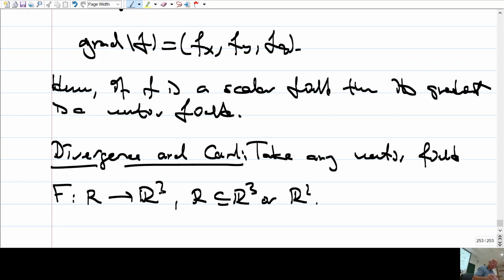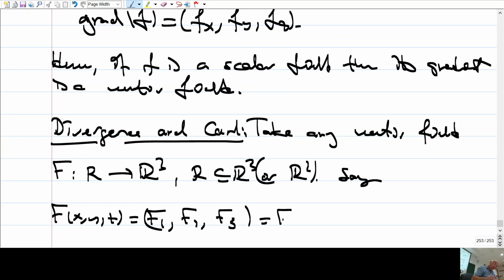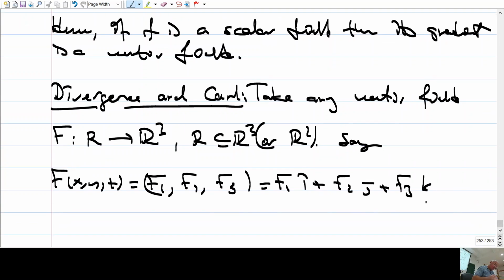Then of course I will take this as R2. Say the components of F are as follows. F(x, y, z) is f1, f2, f3, or f1 i, f2 j, and f3 k. I can write it in either way.